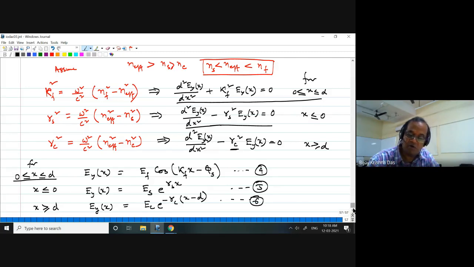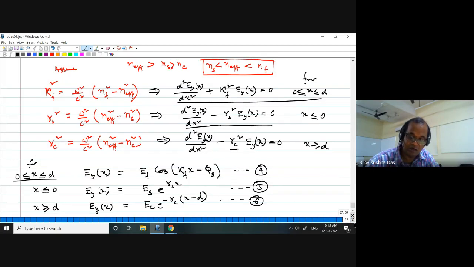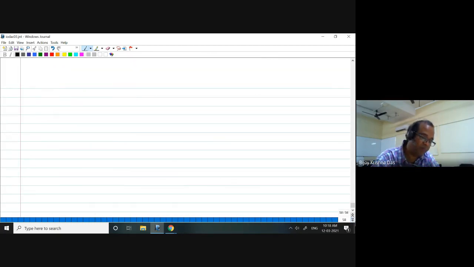So what we have out of this is that the TE mode electric field component Ey is known. Now the next task is how to find out components like Hx and Hz, because the magnetic field is like that.